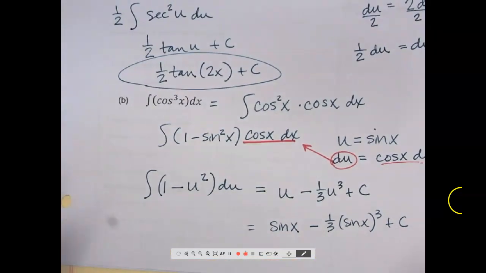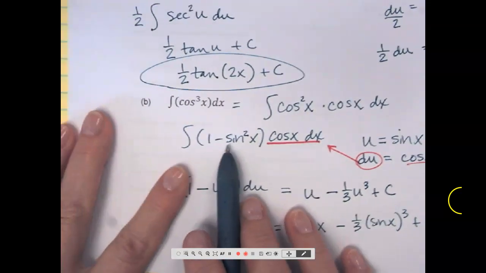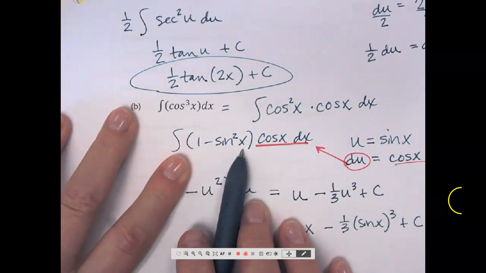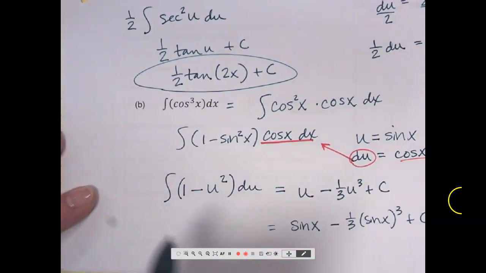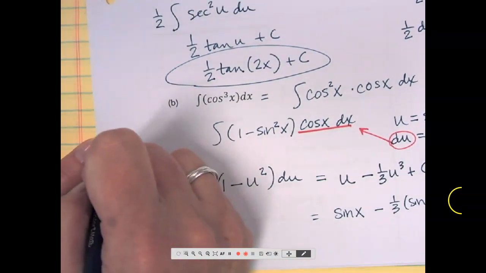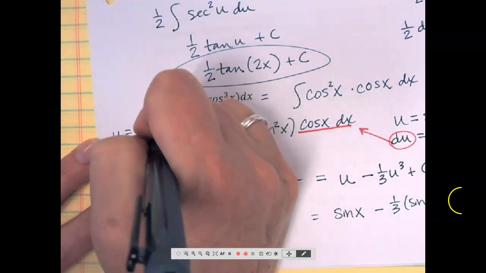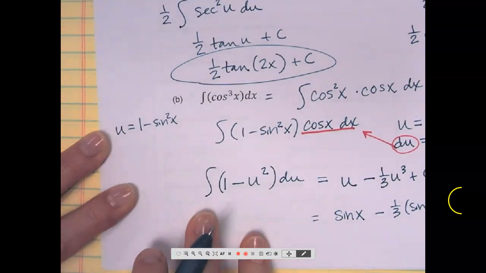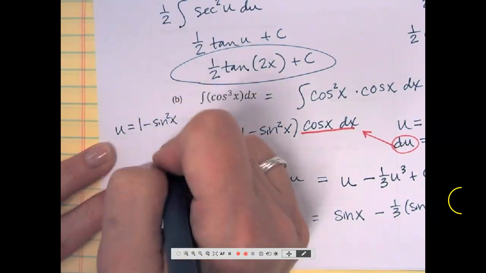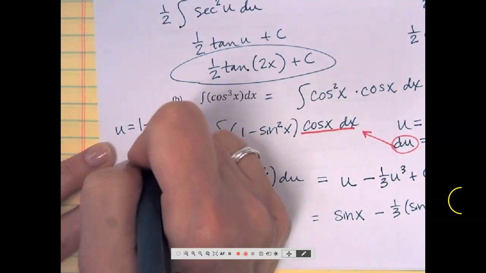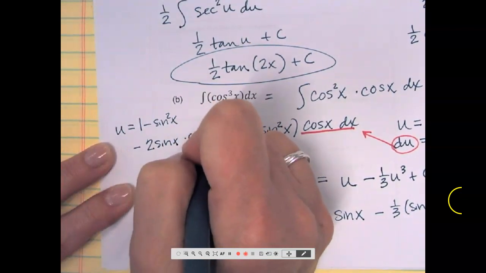Okay. Let me go back here. You don't need to write this down. But what if I had originally thought that this whole thing was u? We'll see what would happen. If I said u equals 1 minus sine squared x, then I would have to take that derivative, which would be 0 minus 2 sine times cosine.